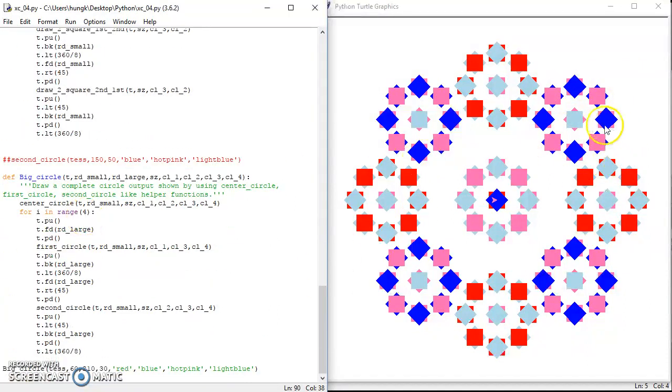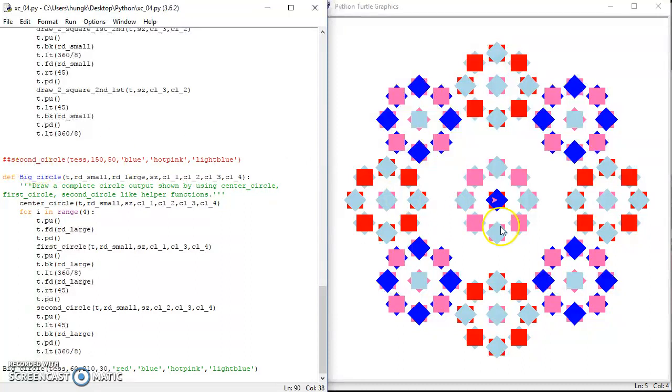And after we wrote three small functions for this one, and use those like helper functions, we would draw a big circle. This one right here. So just draw the big circle like we did with the small circle. Just the same thing.